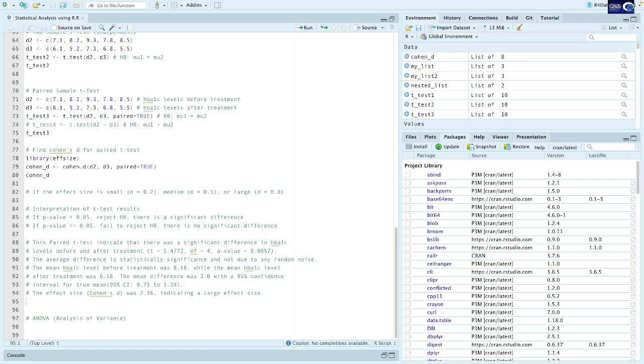So for the interaction plot we use interaction.plot with factor 1, factor 2 and values, the main heading will be interaction plot, the x label will be factor 2, the y label will be mean value, and we put different colors.